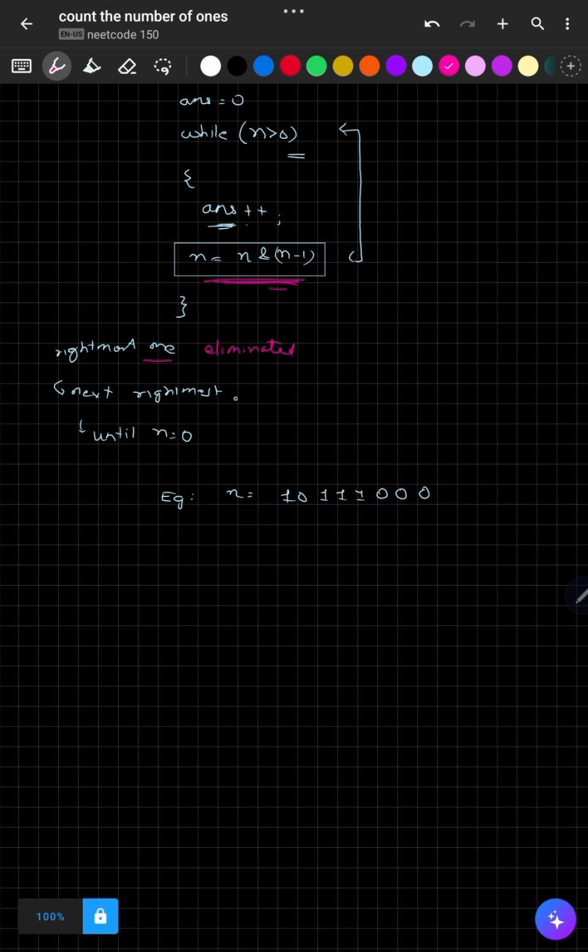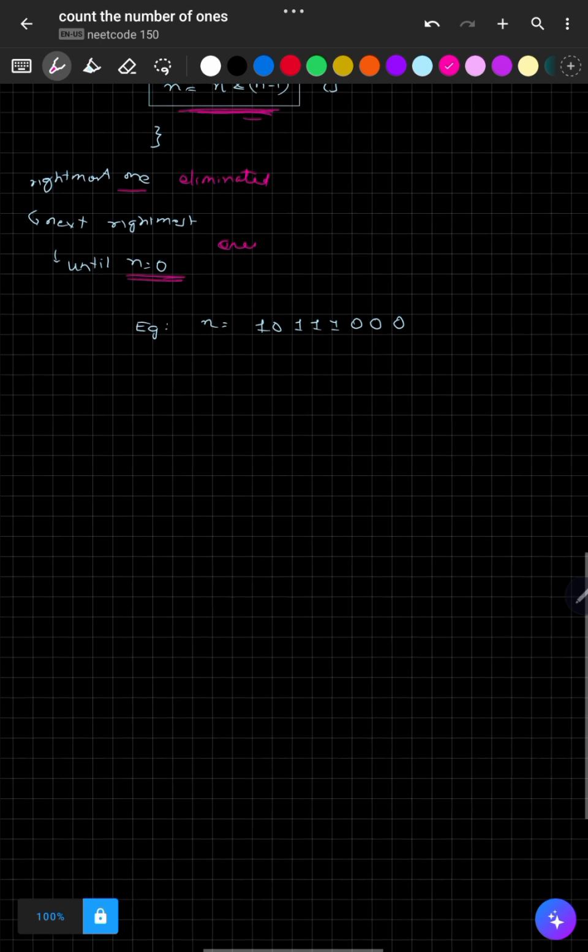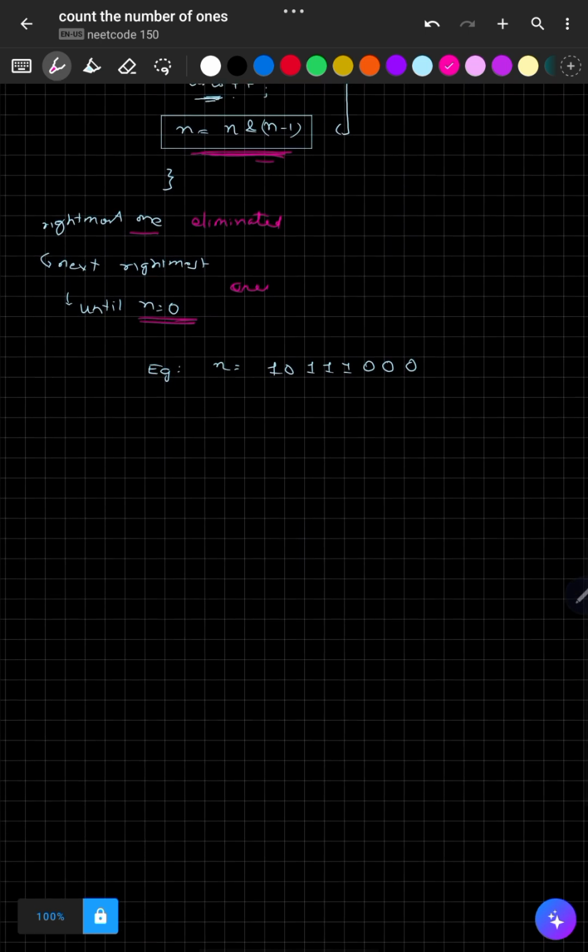This operation will continue until all the ones are eliminated and we are left with n equal to 0. But how do you know that each time you do n AND n minus 1, the first rightmost one will be eliminated and then the next rightmost one will be eliminated? How do you know that?